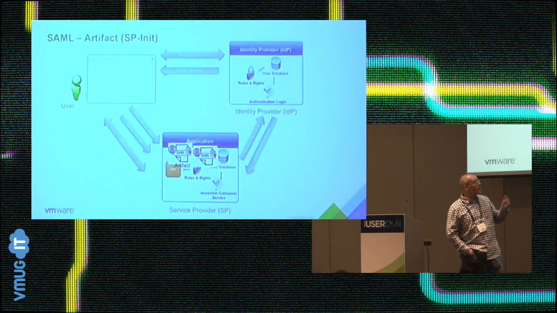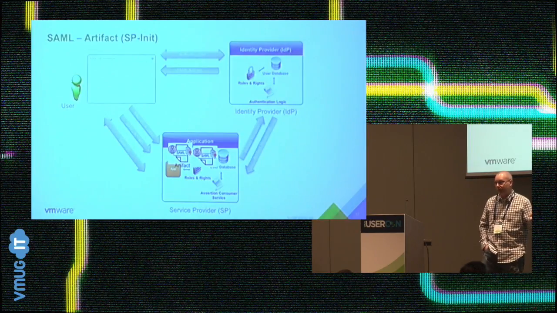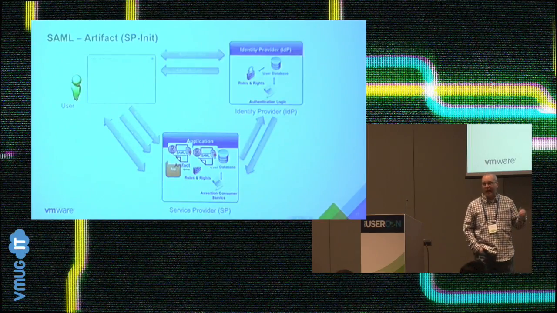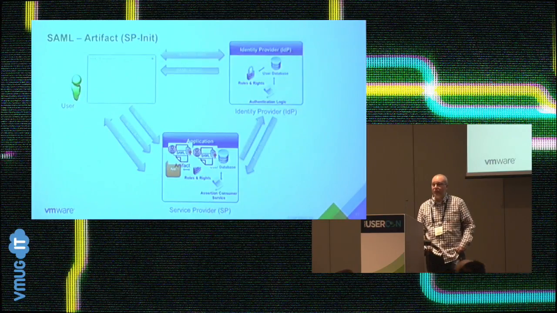So I would say not using artifact is still quite secure. SAML is the de facto standard of using federation. But if you want to add some extra security, perhaps artifact would be of interest. Again, your application and identity provider must support this, obviously. So it all depends on what is possible as well.